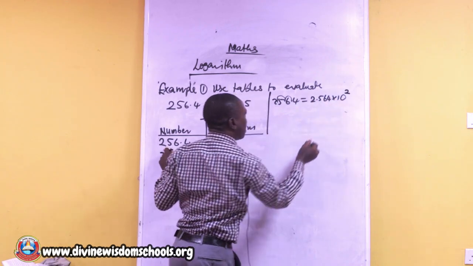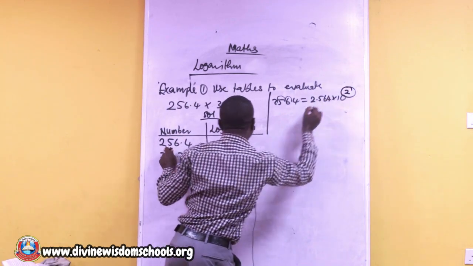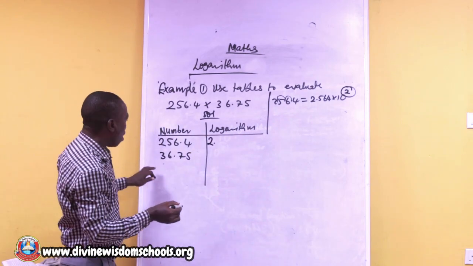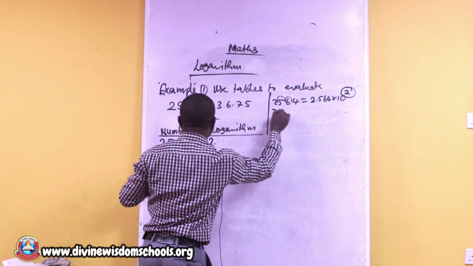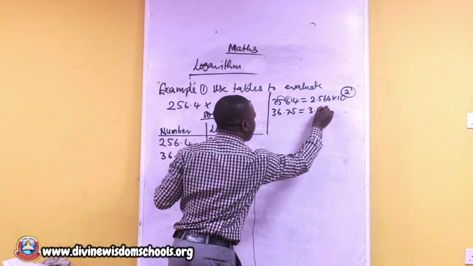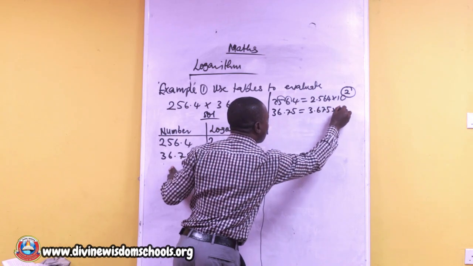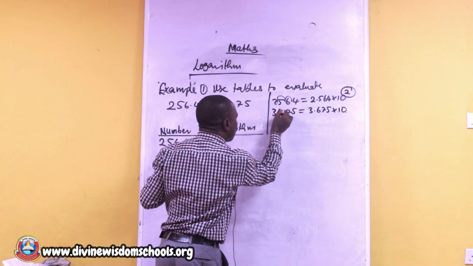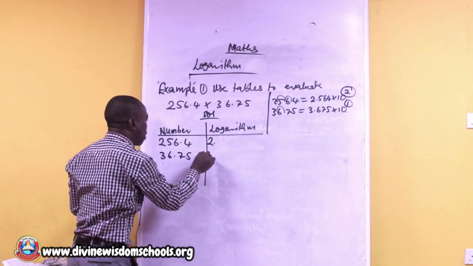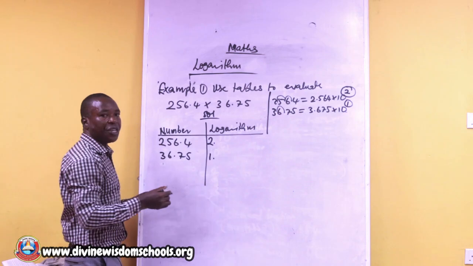And that's what I'm going to write there. So this 2 automatically becomes the characteristic that I will write here. I'll do the same thing to 36.75, and this is equal to 3.675 times 10 raised to power. The number of steps I'll move this decimal point from here to here is 1. So I'll put 1 here. This 1 automatically becomes the characteristic here.